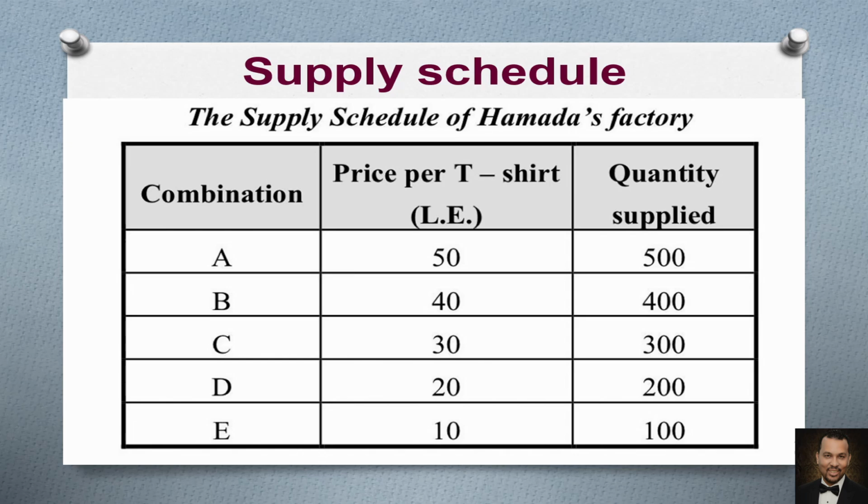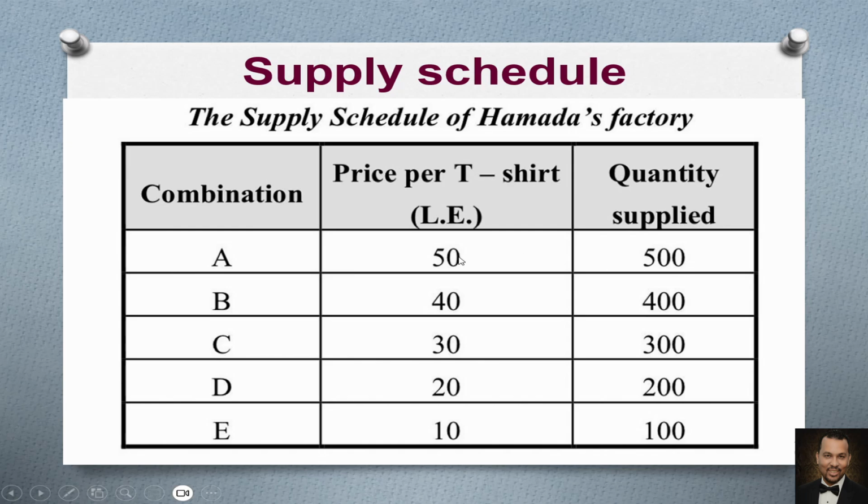The next, the supply schedule. We talk about this simple example: the price of a t-shirt in Egyptian pounds and the quantity supplied in units. When the price equals 50, the producer supplies 500 units.